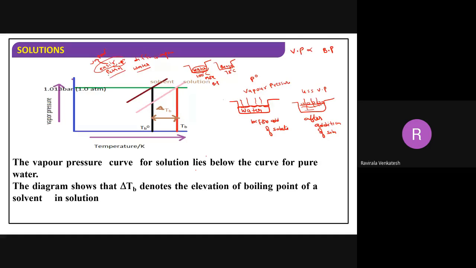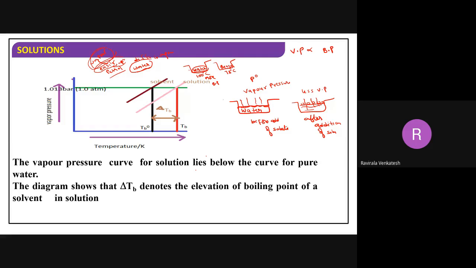Now, which will have more vapor pressure, petrol or water? Which is forming more vapor, petrol or water? Petrol. When petrol is forming more vapor, definitely it will have more vapor pressure. When water forms less vapor, definitely it has less vapor pressure.